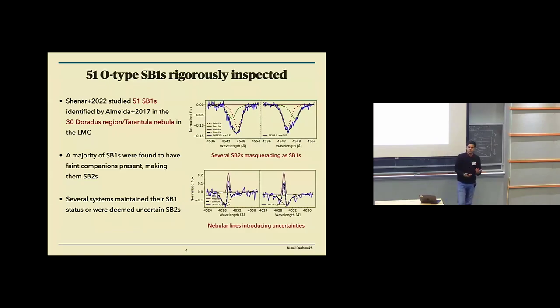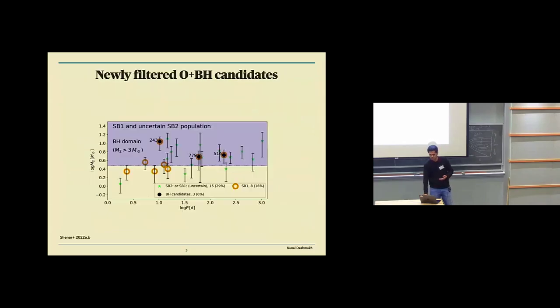They can be removed by subtracting the sky spectrum from the star spectrum, but that is not always possible in the Tarantula region. What this leads to in terms of spectral disentangling is that we can get artifacts which are not necessarily coming from a second star, but can look like a second star. Such binaries have been classified as uncertain SB2s, and we don't know for sure if they're SB2s or if they are SB1s that have been affected by this.